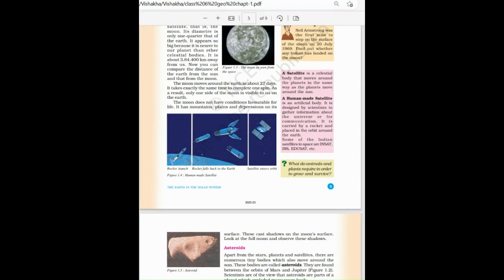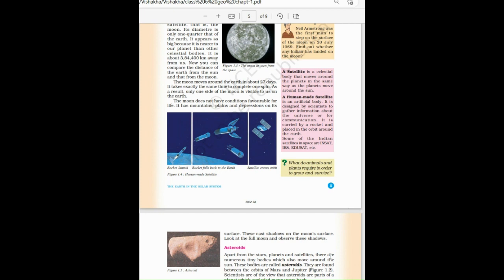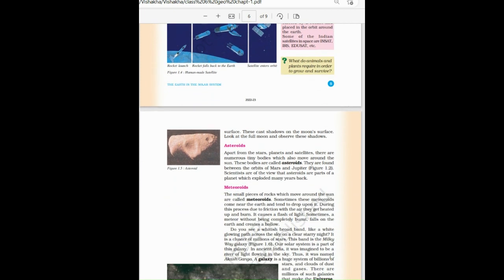Let's move to the next topic, which is asteroids. What are asteroids? Asteroids are small, rocky, airless fragments that orbit our sun, but they are too small to be called planets. So these small fragments of rock taking a round of the sun are called asteroids.